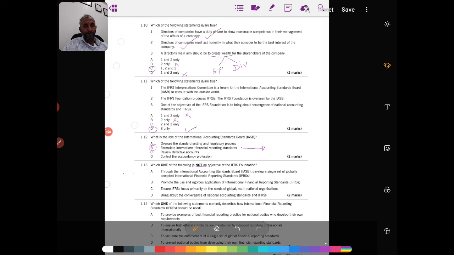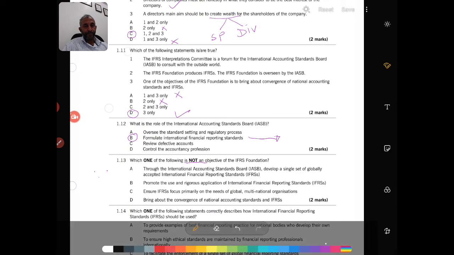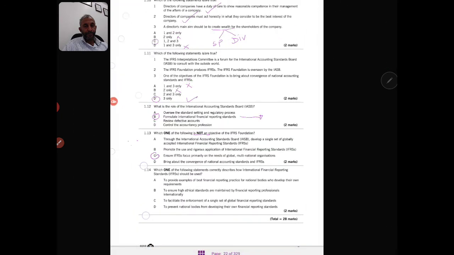That is one of the objectives. Promote the use and rigorous application of international financial reporting is another objective. Ensure IFRS focus primarily on the needs of global multinationals. Oh no, that's not the objective. So the answer is C.